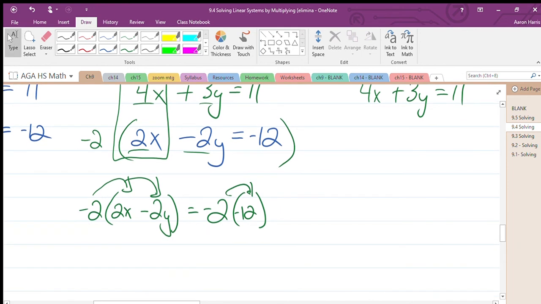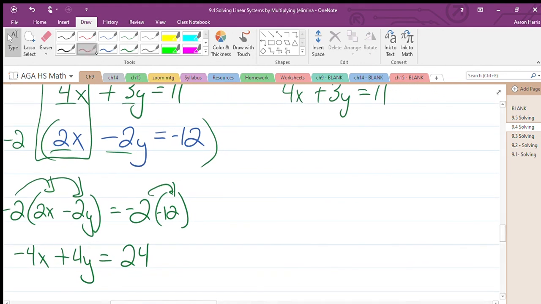Negative 2 times 2 is negative 4x. Negative 2 times negative 2 is positive 4y. Negative 2 times negative 12 is positive 24. Now I can write that up here: negative 4x plus 4y equals 24.